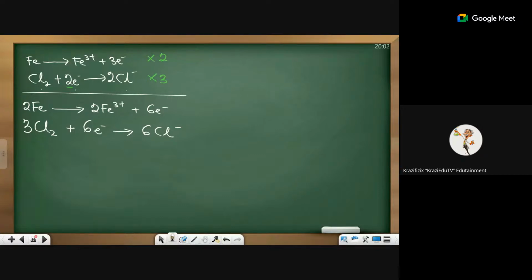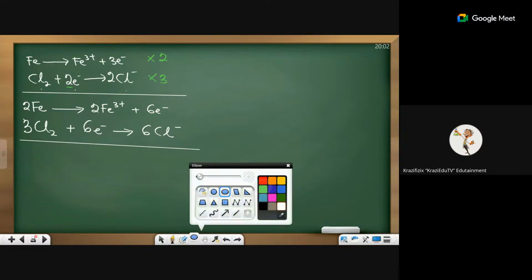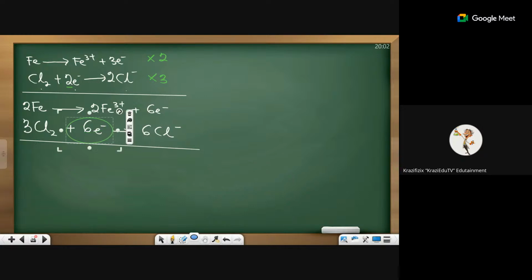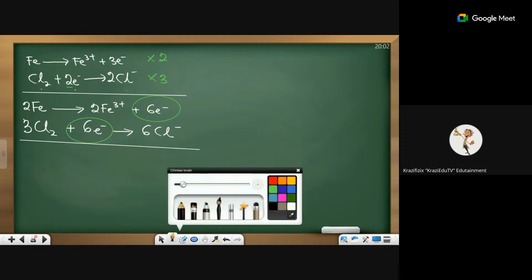All right. Now, what do you notice now? Do you notice that my electrons are now 6 and 6? 6 on top, 6 at the bottom. I can simply strike them out. They are now equal. That was the aim: to have 6 electrons on the left and 6 electrons on the right. Now we can conclude. Write what's on the left to the left.